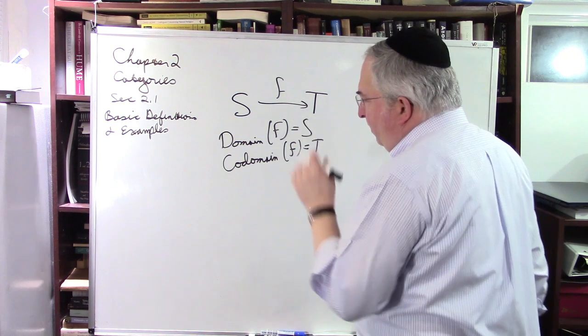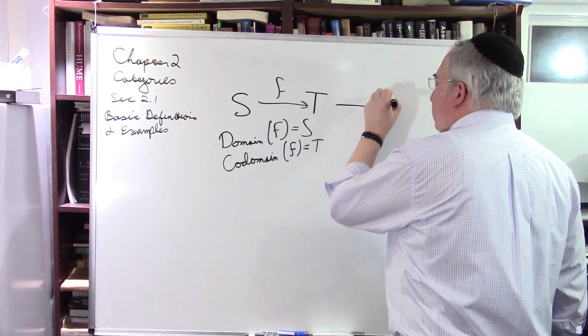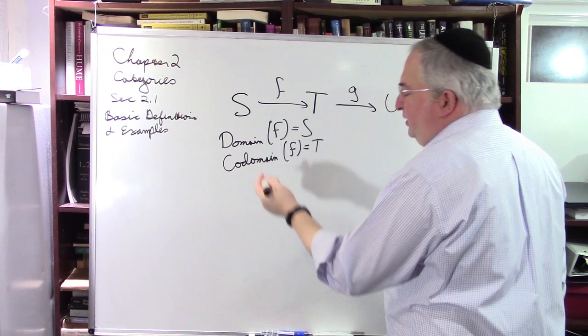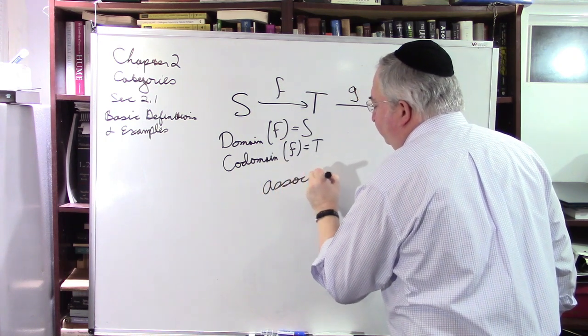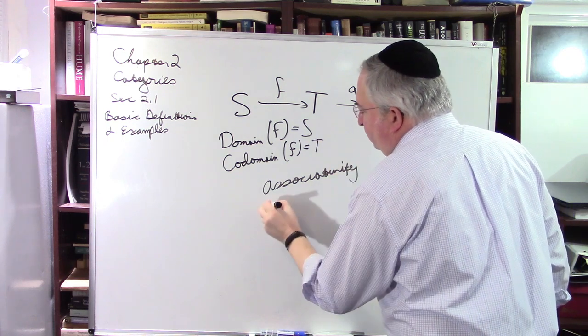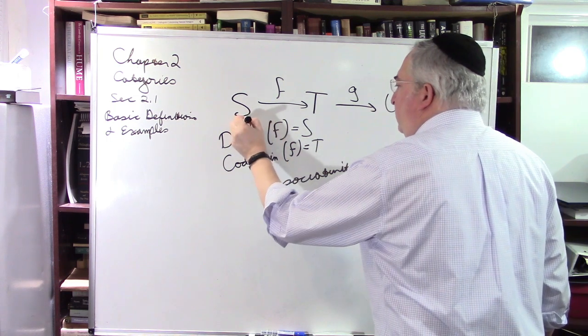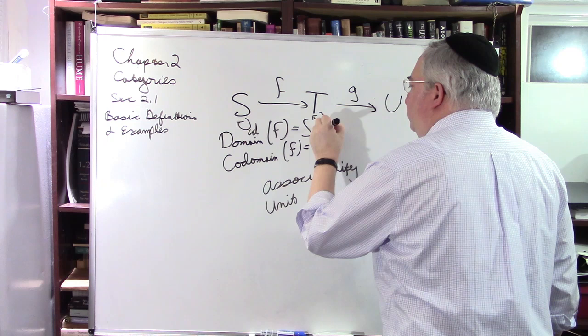Let's remember a few other things that we had about sets. Namely, we can compose morphisms. This composition satisfies associativity. And also there are the unit laws. What does that mean? You have a little identity morphism over here, and a little identity morphism over here.